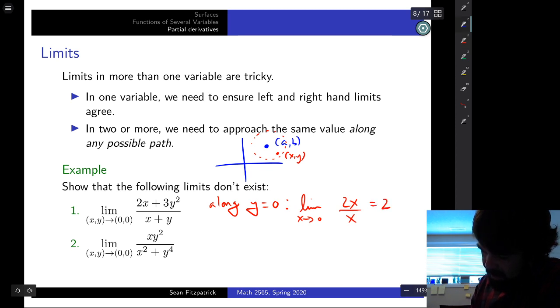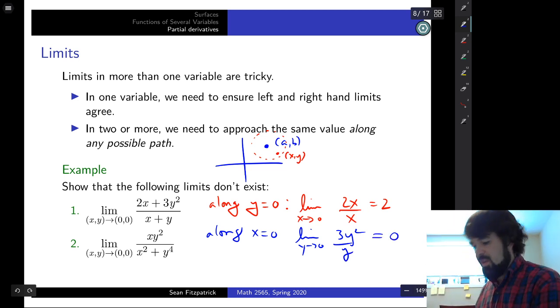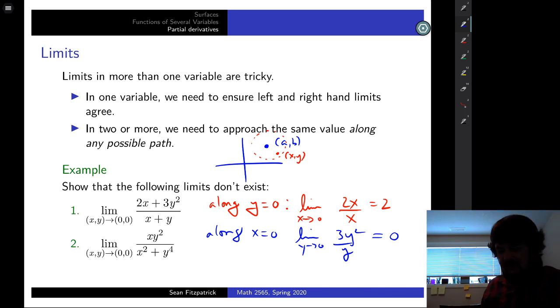That's approaching along the x-axis. If I approach along the y-axis, it becomes the limit as y goes to 0 of, now I'm going to set x equal to 0, and then I have 3y squared over y, and this time the limit is 0. So you get different values along different paths, so the limit doesn't exist.